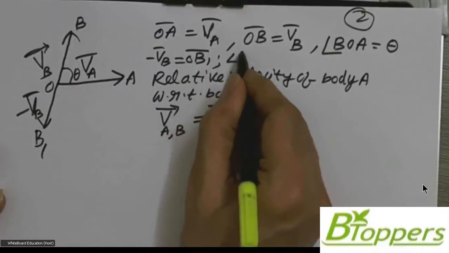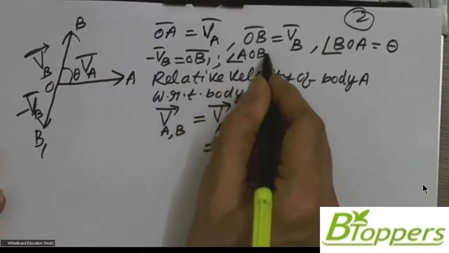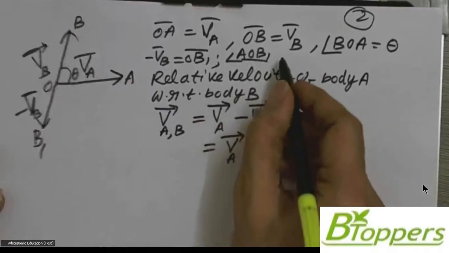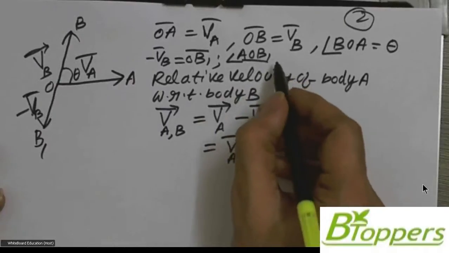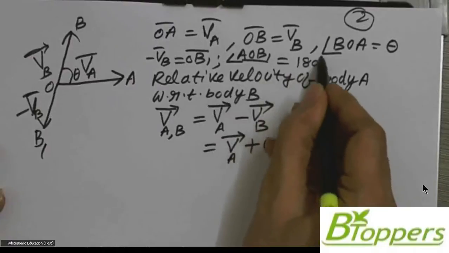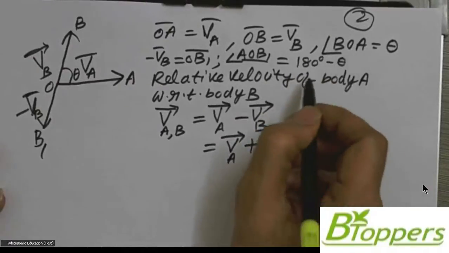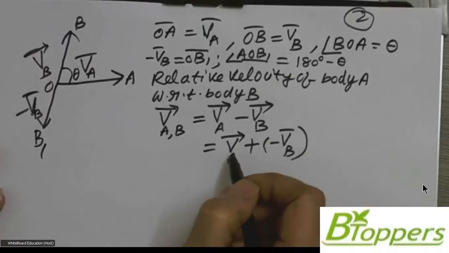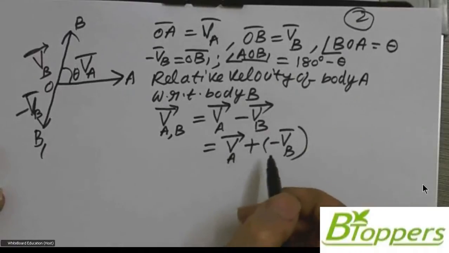The angle AOB1, meaning the angle between the vectors VA bar and minus VB bar, will be equal to 180 degrees minus theta. Here theta is the angle between the vectors VA bar and VB bar.